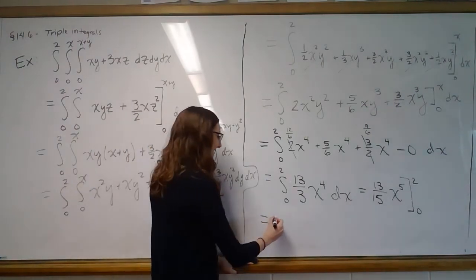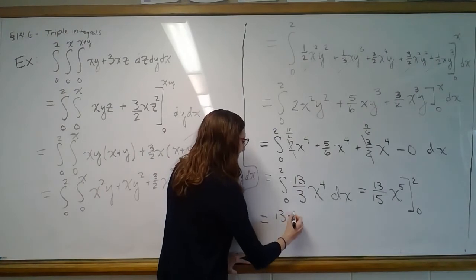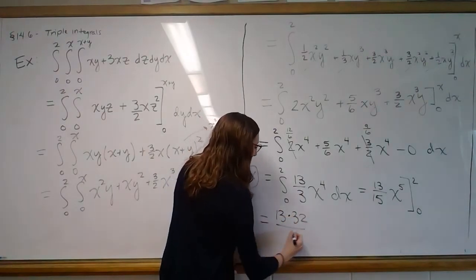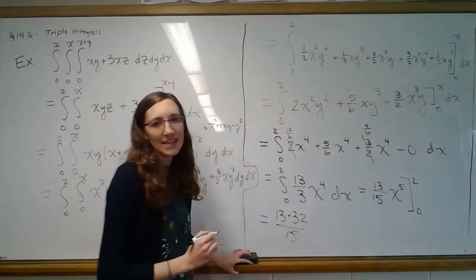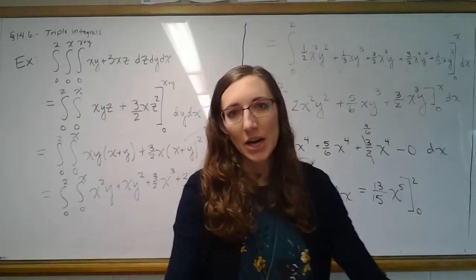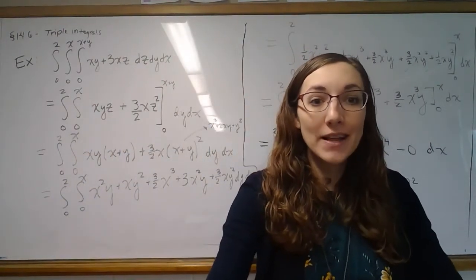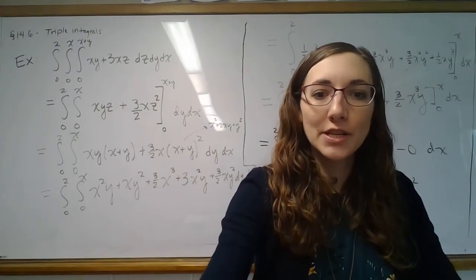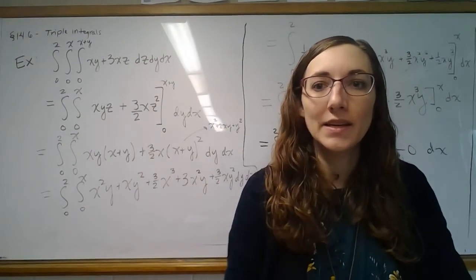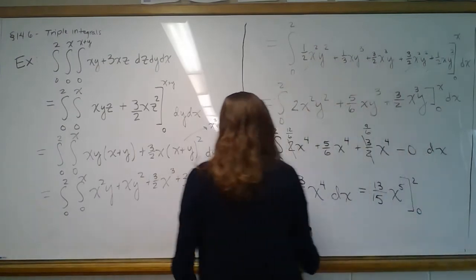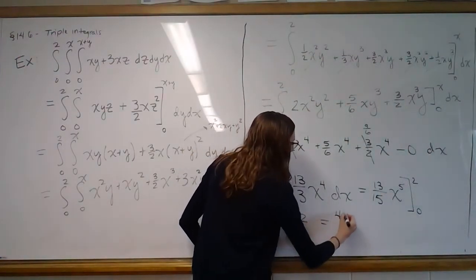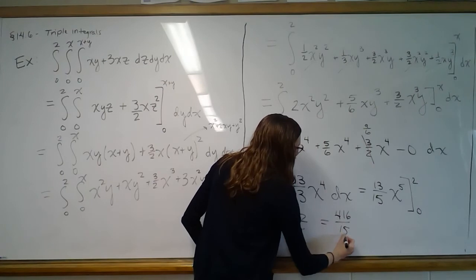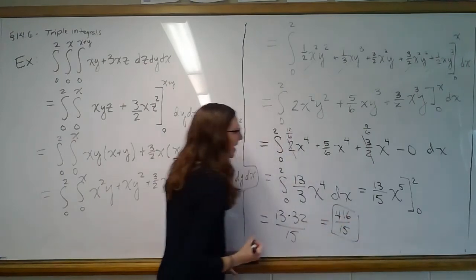So we have 13 times 32 all over 15, which I need to break out a calculator quick to see what that's going to be. 13 times 32 is 416. So we would have 416 over 15 at the end.